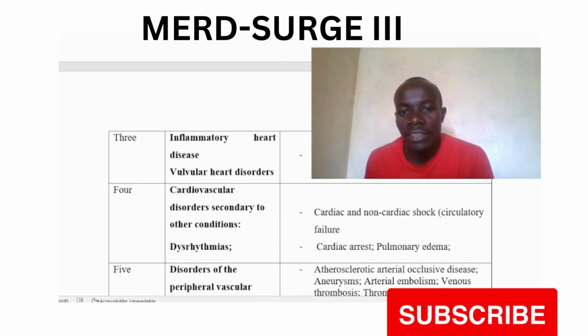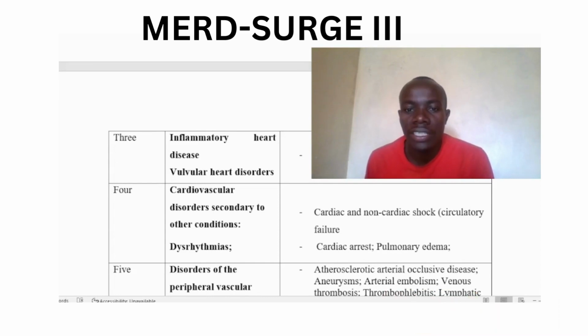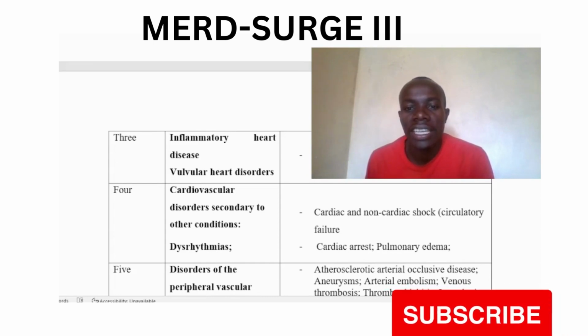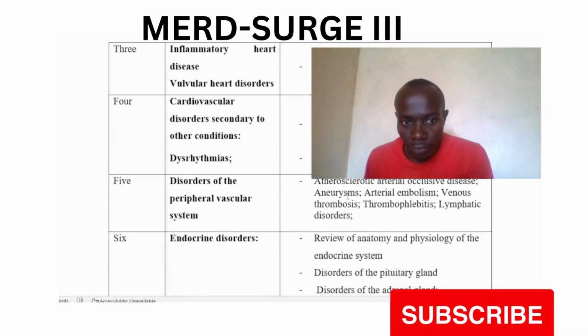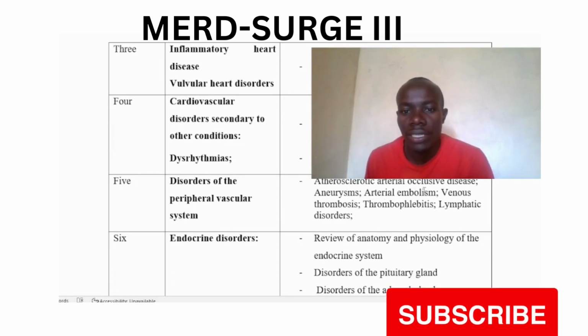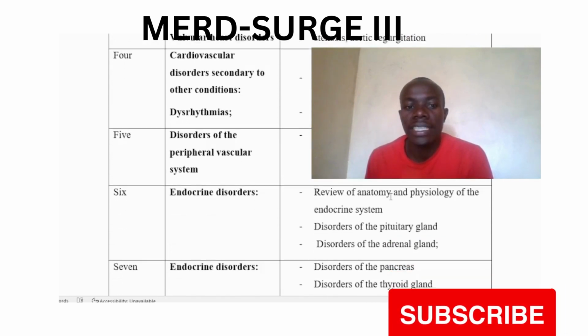Conditions like mitral stenosis, mitral regurgitation, aortic stenosis, aortic regurgitation will be looked at. We'll also be looking at cardiac and non-cardiac shock, okay, cardiac arrest, pulmonary edema, disorders of the peripheral vascular system like atherosclerosis, arterial embolism, venous thrombosis, thrombophlebitis, and lymphatic disorders.